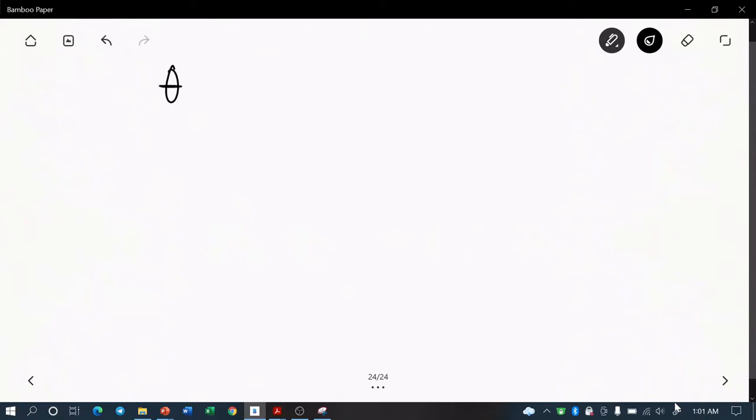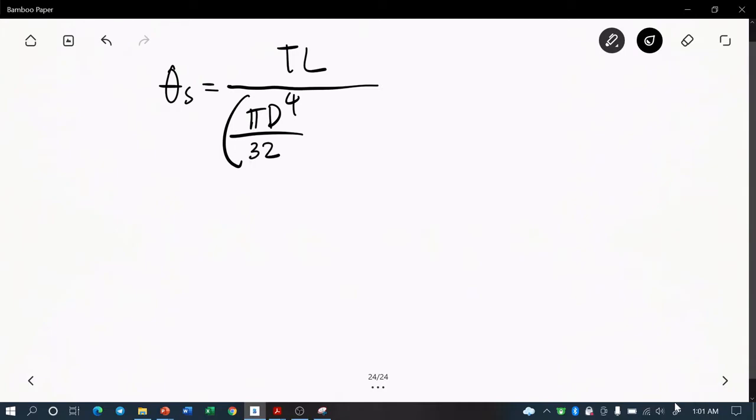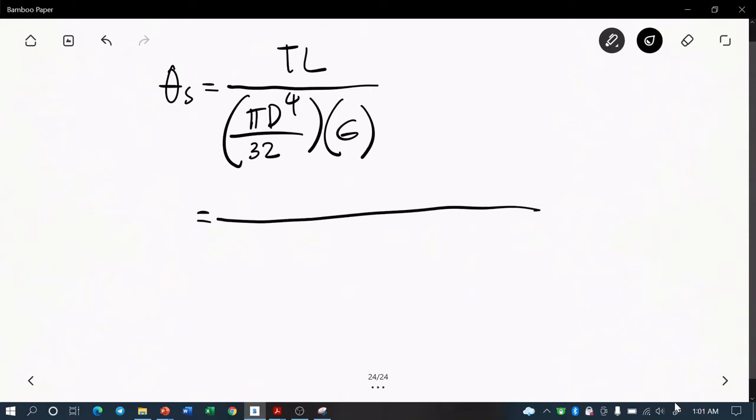So torsional deflection, theta sub s, is T times L over pi d raised to the power 4 over 32 times G. So plugging in values, the torque is 276.32 inch-kips.